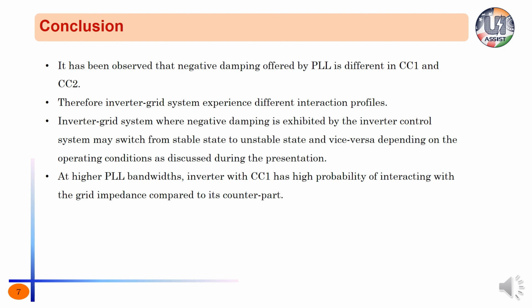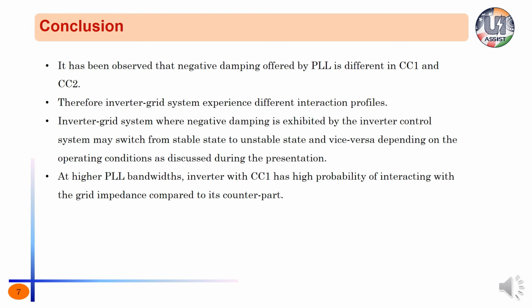And lastly, we conclude that at higher PLL bandwidth, CC1 has a high probability of interacting with grid impedance compared to CC2. If so, then what is the necessity of going for higher PLL bandwidths? The answer is that when the grid is distorted, keeping PLL bandwidth below 50 Hz improves PLL performance.